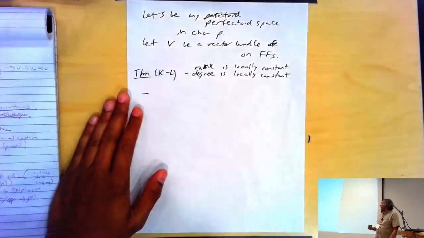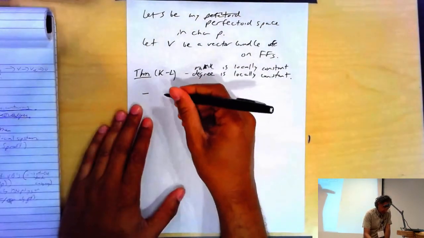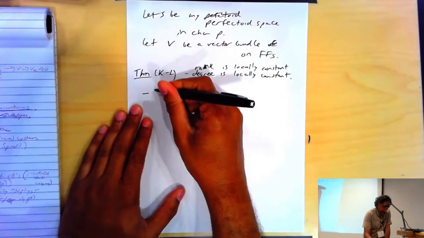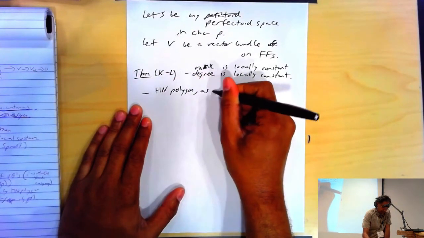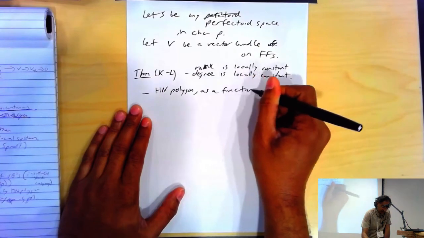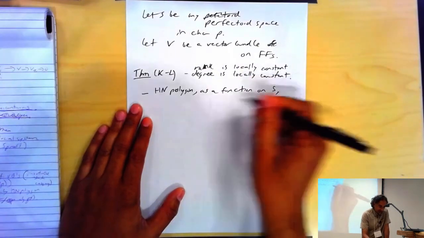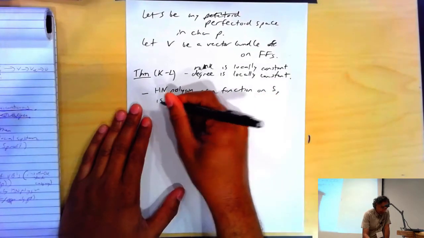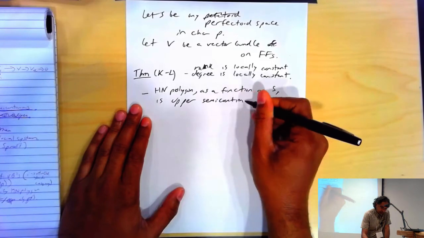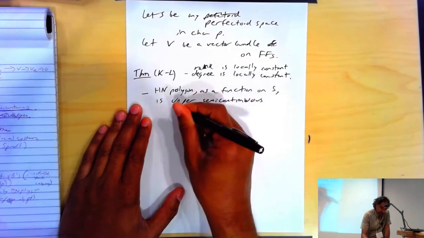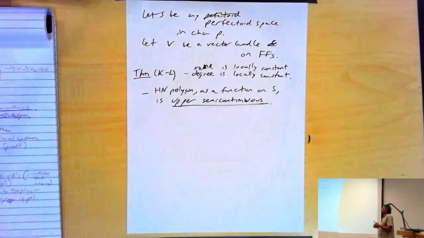Well, it can't just do anything. It's very constrained. I'm going to view the HN polygon of the fiber as a function on the base S. It is upper semi-continuous. It can jump up on specialization, but it can't jump down.